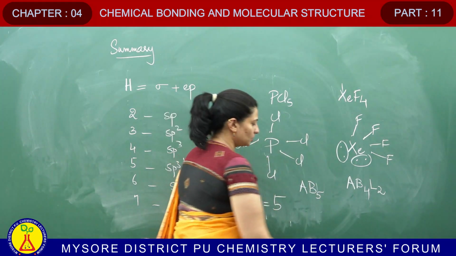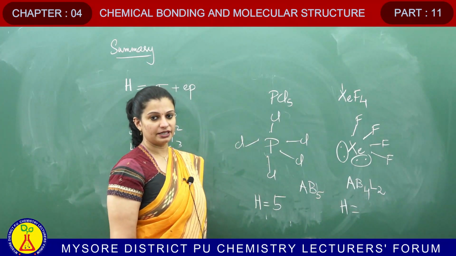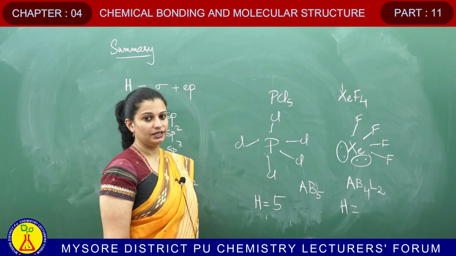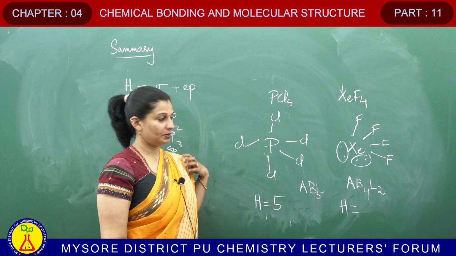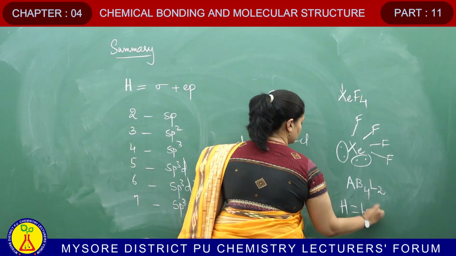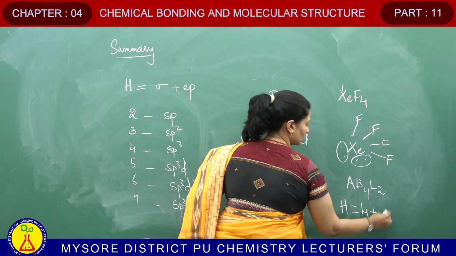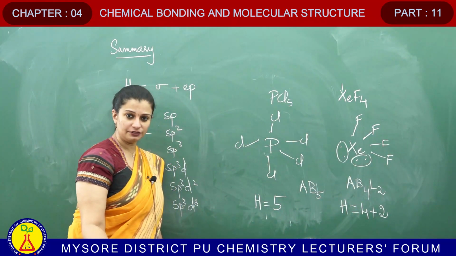Now what if we had to find out the hybridization? Tell me the hybridization in this molecule. For hybridization, you need to count the sigma bonds and the lone pairs. How many sigma bonds? 4. So you have 4 sigma bonds, plus you have to find the lone pairs, so plus 2. So 4 plus 2 gives you a value of 6.